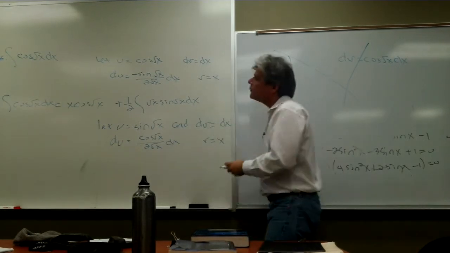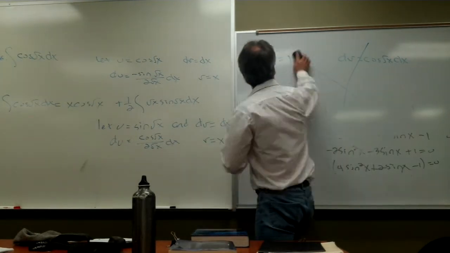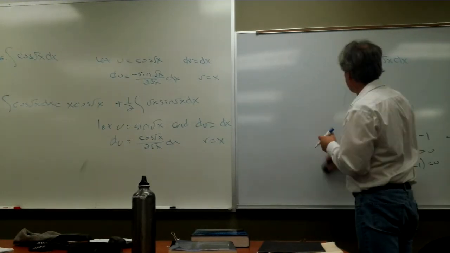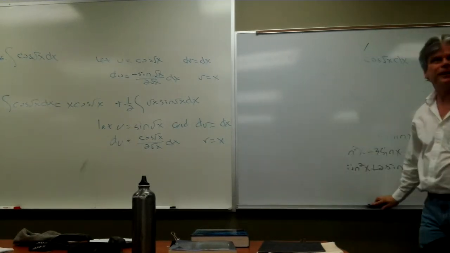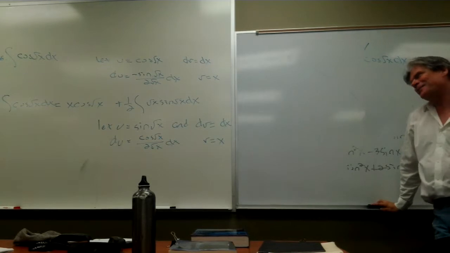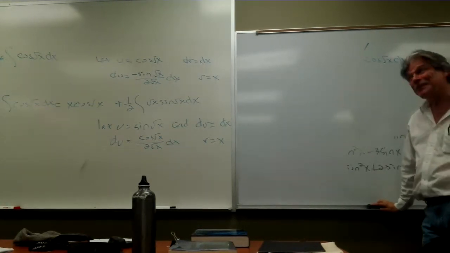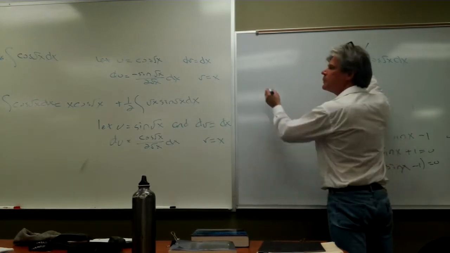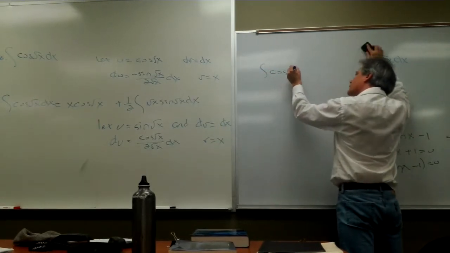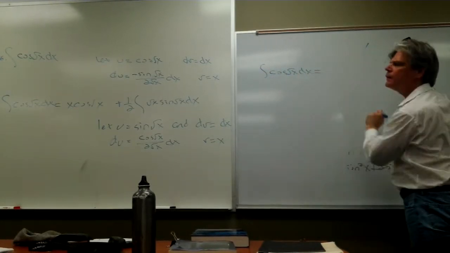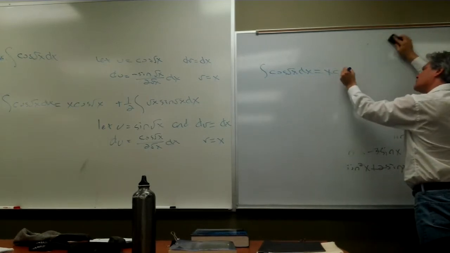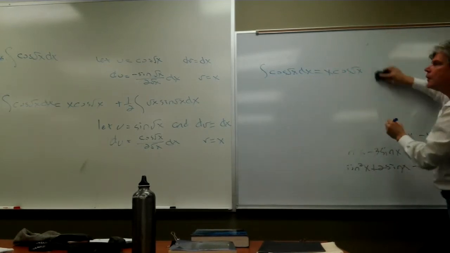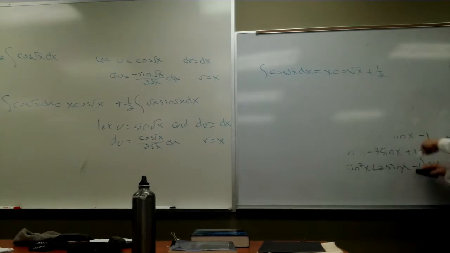And now, if I commit yet again to my integration by parts formula, speaking days in advance, I think what it tells me is I can rewrite this entire line. I think it tells me that the integral of the cosine of root x with respect to x is merely my x cosine root x plus 1/2 times some stuff.